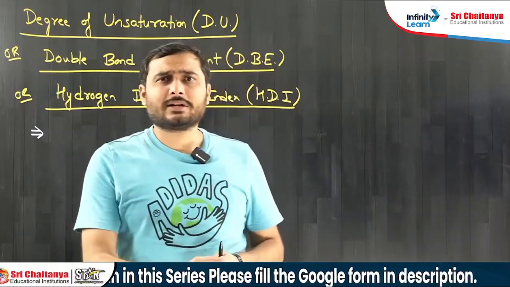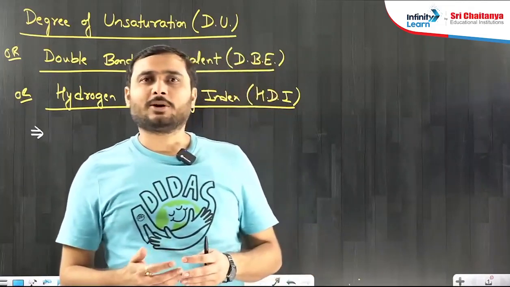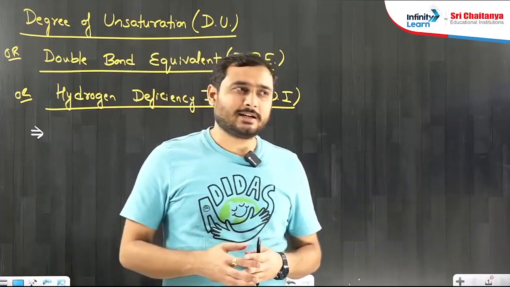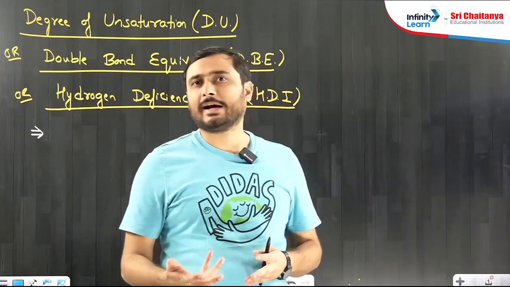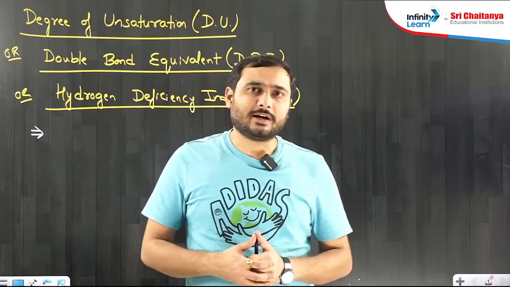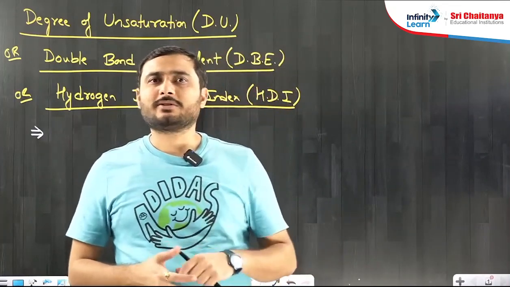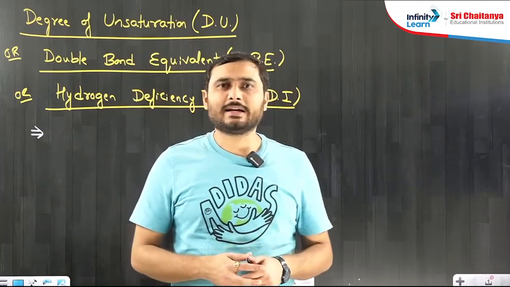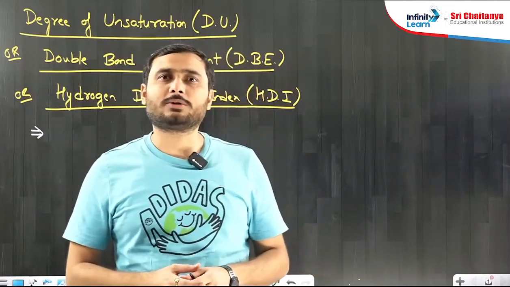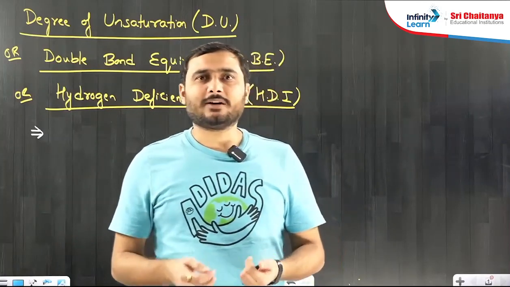To convert an unsaturated compound to saturated, we have to add hydrogen. The double bond is converted to a single bond when hydrogen is added, and a triple bond is converted to a single bond when hydrogen is added. So how many moles of hydrogen are required to convert 1 mole of unsaturated compound to saturated compound, or 1 mole of cyclic compound to open chain compound? This is called degree of unsaturation.